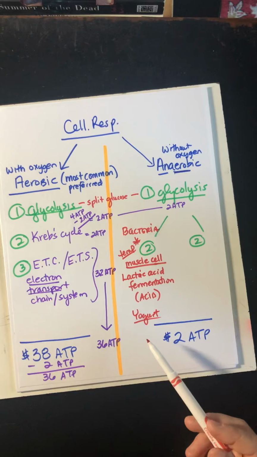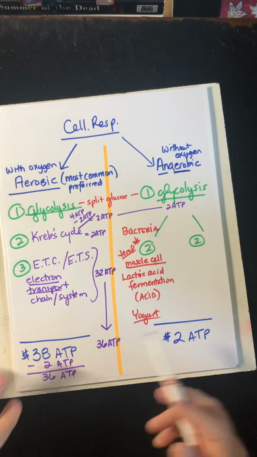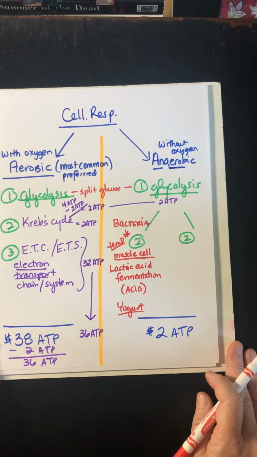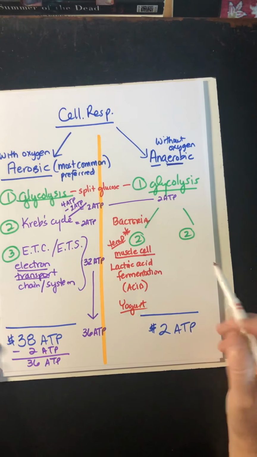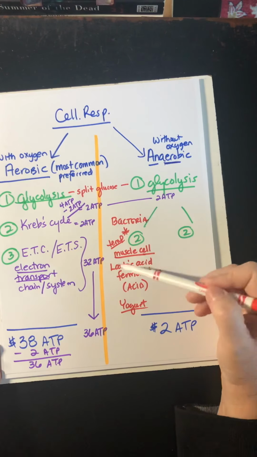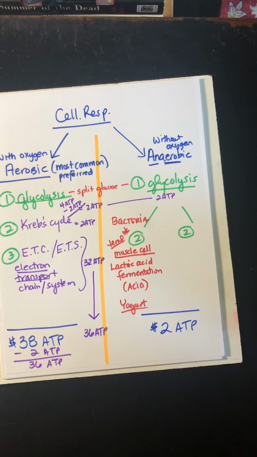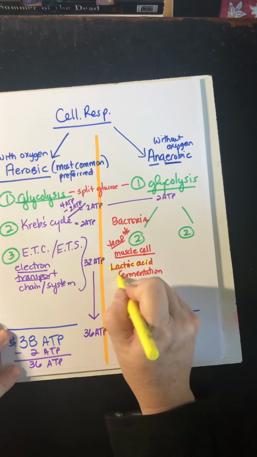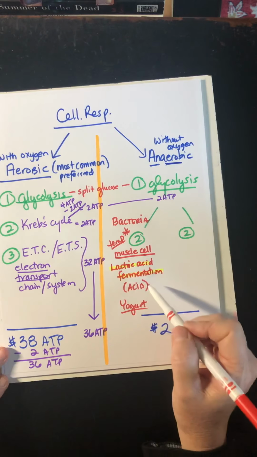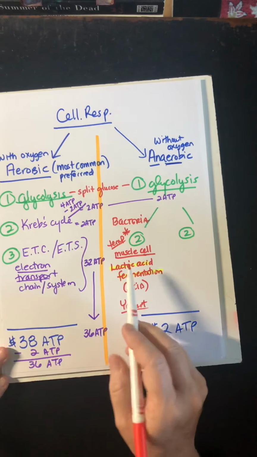And that's why they're called live cultures, because they're actually in there, and they're good bacteria. They're very healthy bacteria for your digestive tract. Okay, so one type of anaerobic is lactic acid fermentation. Let me highlight that so that you won't forget that's what that is. All right, so that's the second step if you're a bacteria or a muscle cell. No other cells in your body can do this.